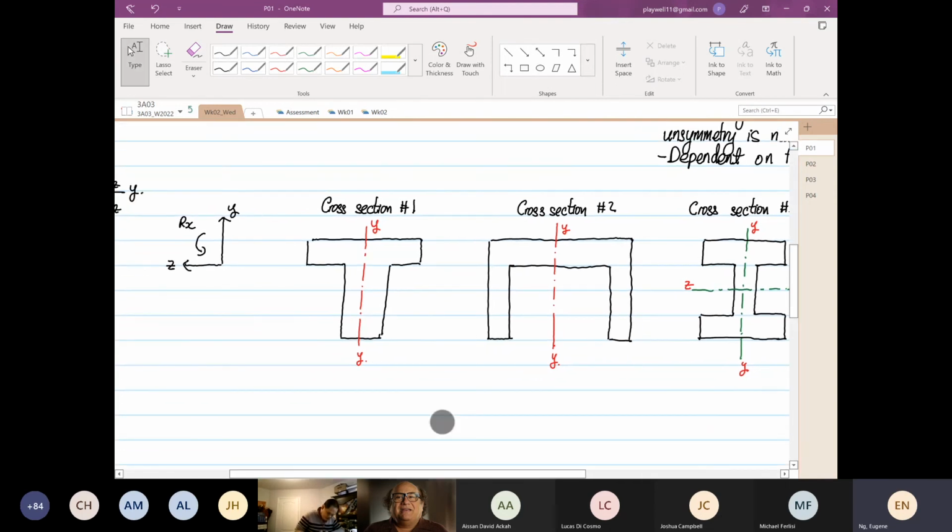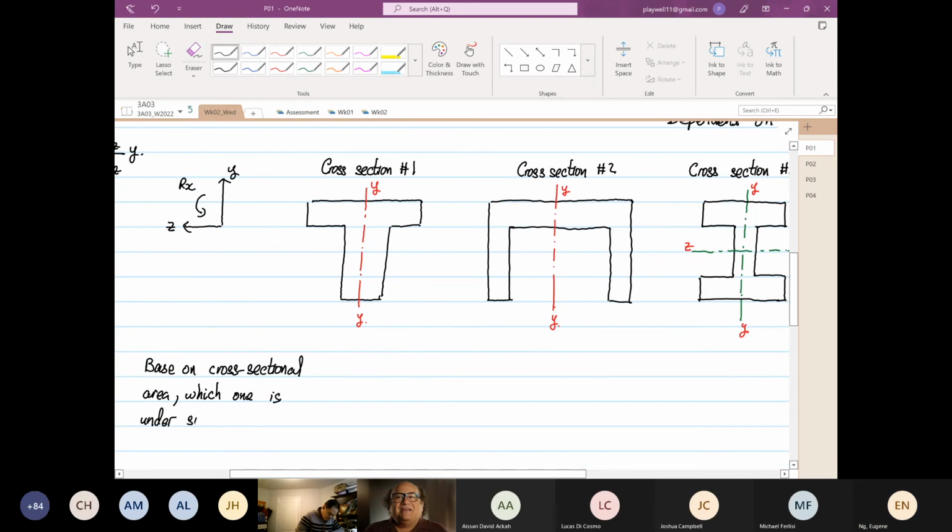Based on the cross-sectional area, which one is under symmetrical bending condition?